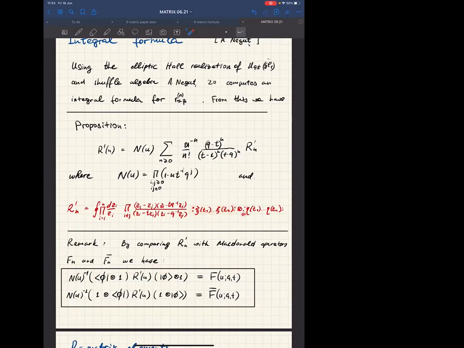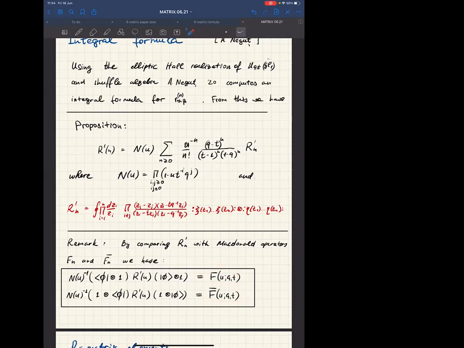Then we're left precisely with this product here, and this is the Macdonald operator F. On the other hand, if we sandwich the second tensor component with the vacuum vector, then we remove this part and we are left with the Macdonald operator Fn. So then taking the sum is easy, and it gives the two Macdonald operators F and F bar.